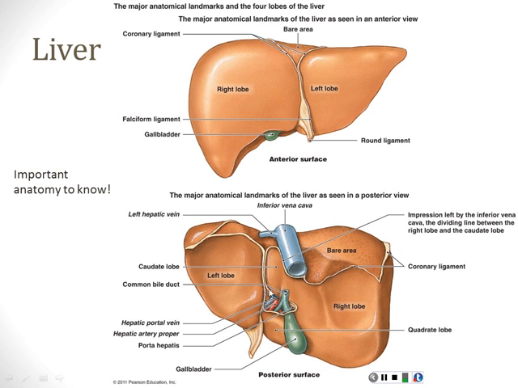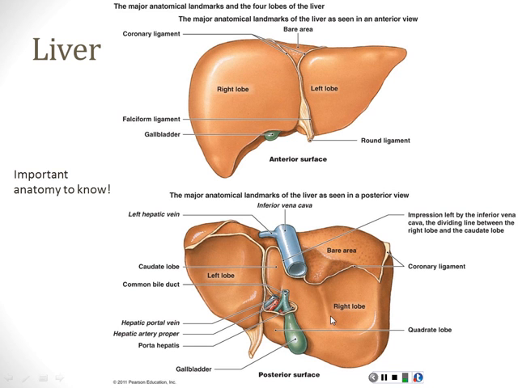And then at the back side, we see the hilum of the liver. So we have the portal vein, the hepatic artery, and then we have the common bile duct that's coming out here as well. So that's this guy. And then hanging off that bile duct is the gallbladder, which is a sac that stores up bile when the digestive tract is sort of dormant, so between meals.